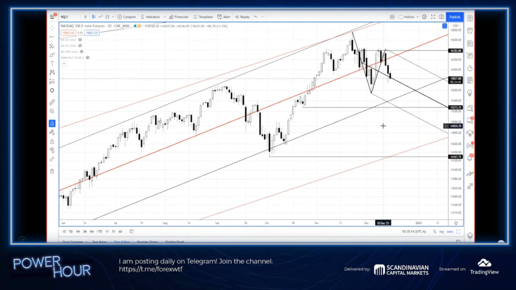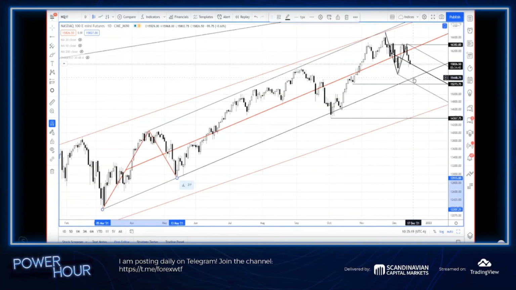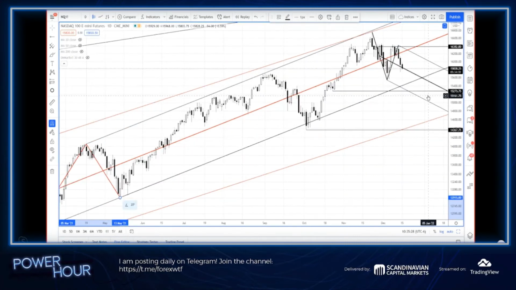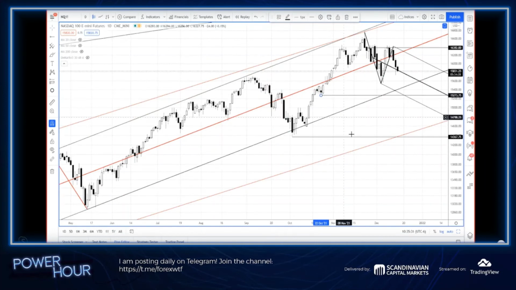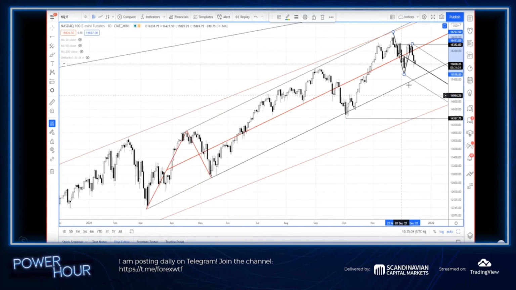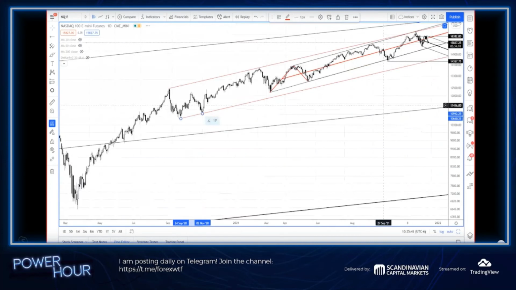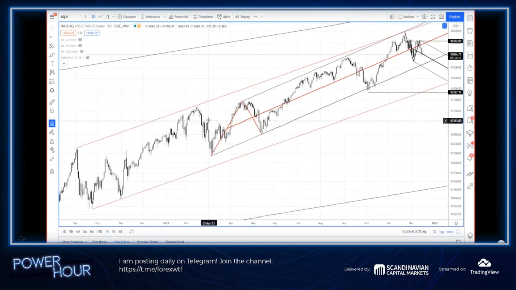So look at this one. Kind of the middle of nowhere. Call it 15,420 or something like that. The real problem doesn't really start until you break this channel here, the one from March. Then you'd be looking at something much bigger down towards here.